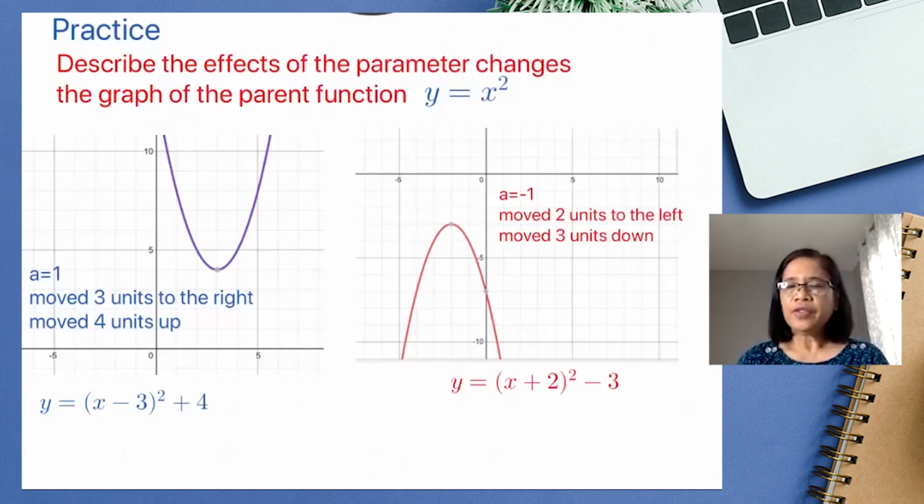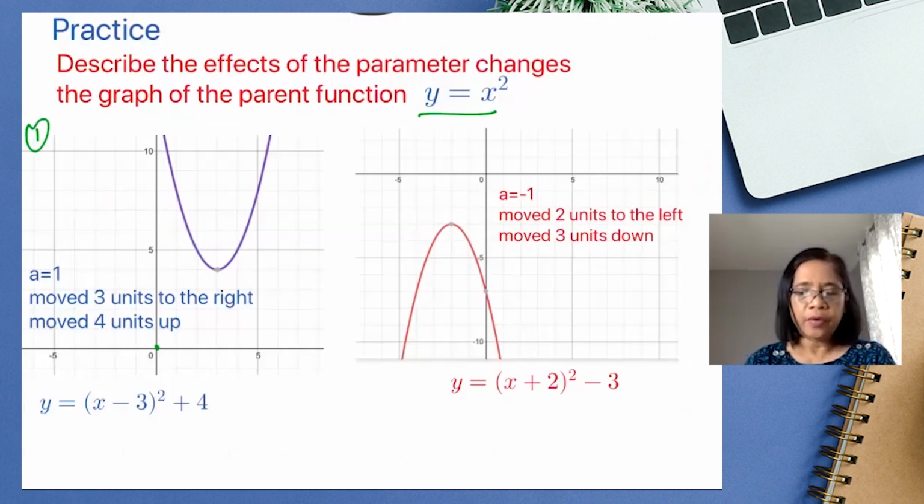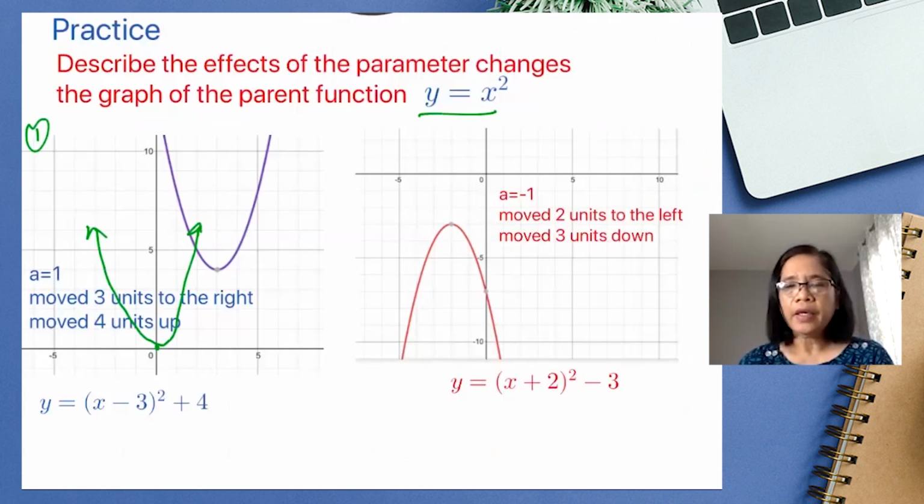So now let's look at the transformation on these two graphs here. Let's start with the first one. From the parent function y is equal to x squared, earlier we know that this is a graph whose vertex is at the origin. And if we start looking at the vertical shift or horizontal, let's start with horizontal.